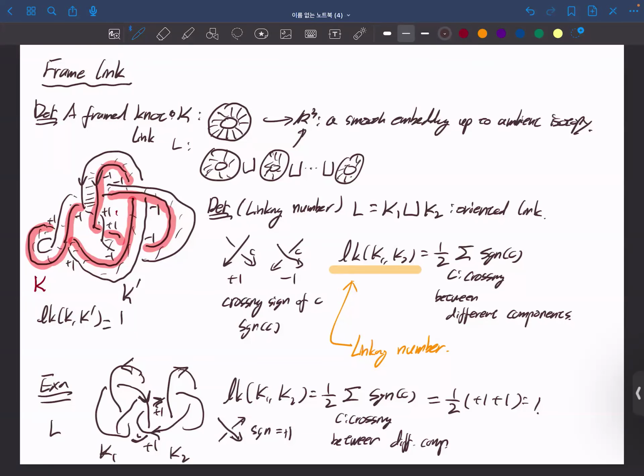Then the linking number is 6 minus 1 plus 4, 1. And this is equal to minus 1.